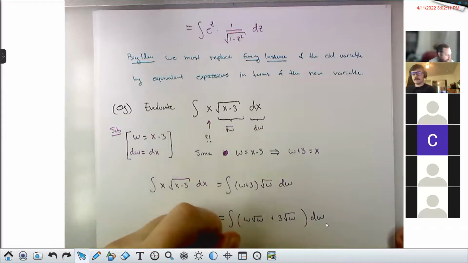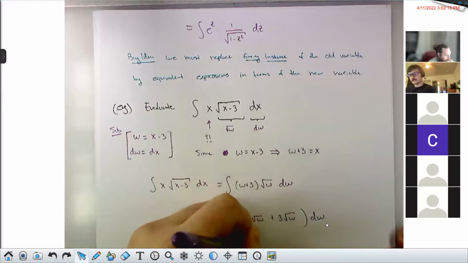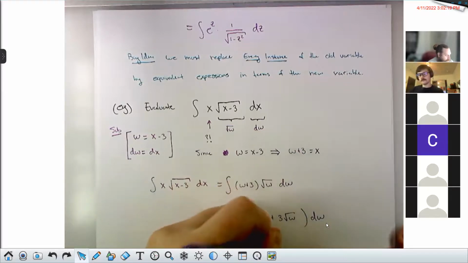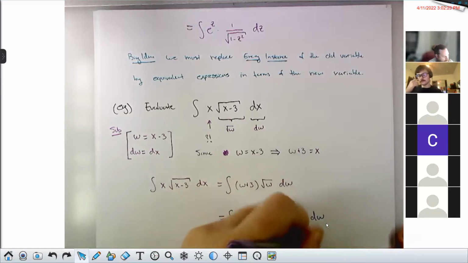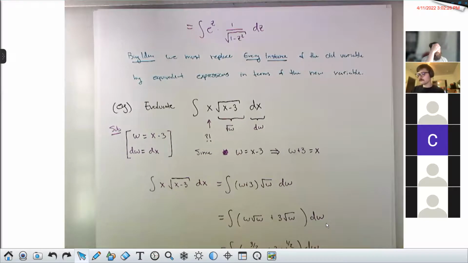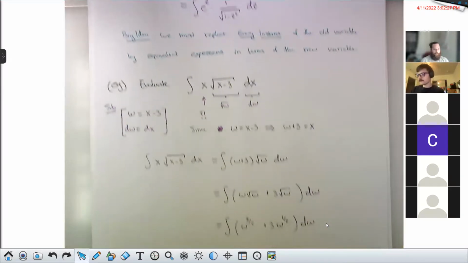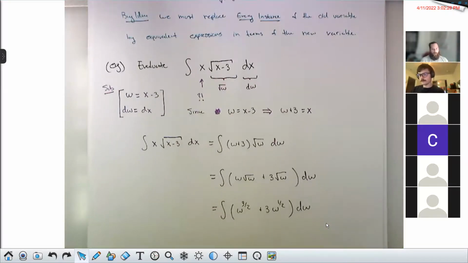All right, we've had some practice with things like this now. This is w times w to the 1/2, which is w to the 3/2, plus 3 times w to the 1/2, dw. And now it's a power rule.